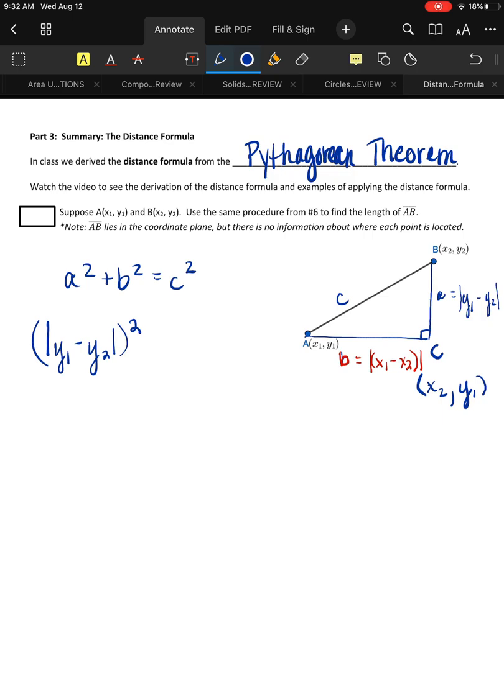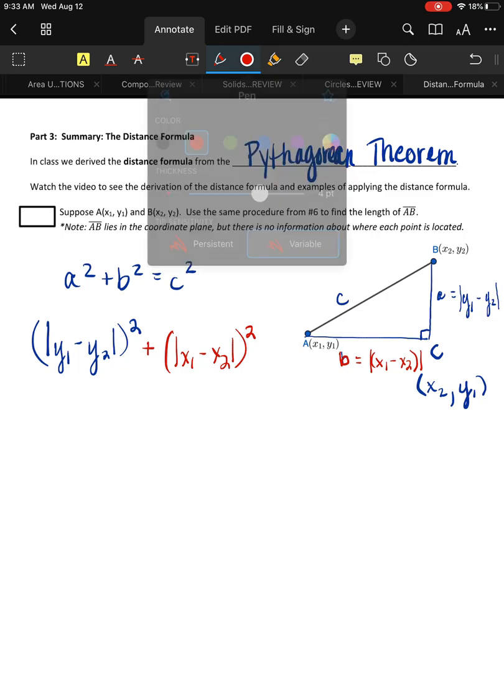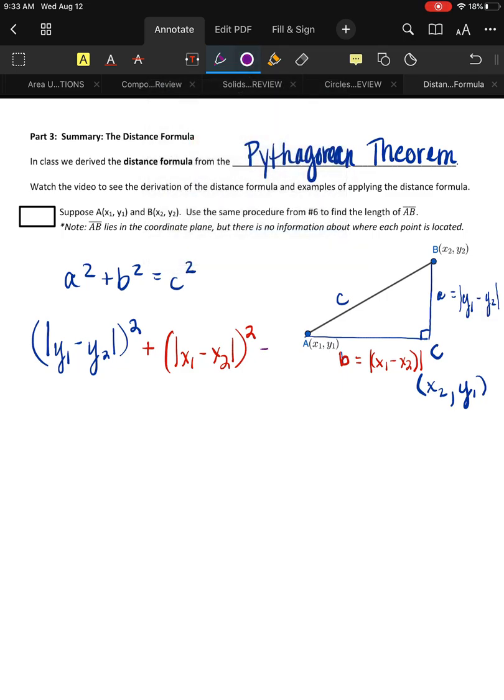Okay, and then we're going to substitute in for b. So we've got plus b squared, and b squared becomes the absolute value of x sub 1 minus x sub 2. And we need to square b because it's b squared. All right, and all of this is equal to c squared.